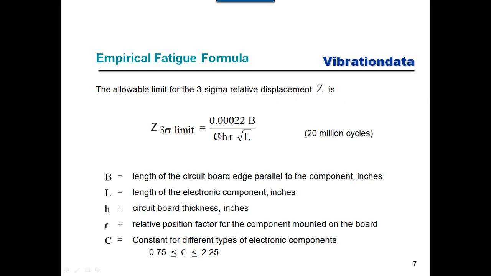So another way to think about this formula is that sometimes these parameters are just going to become a little fuzzy, because this is really based on a simply supported rectangular circuit board. And I was actually on a project once that had crescent-shaped circuit boards for a missile assembly. And sometimes it's going to be a little bit ambiguous as to what this piece part constant is, or even what this R position factor is.